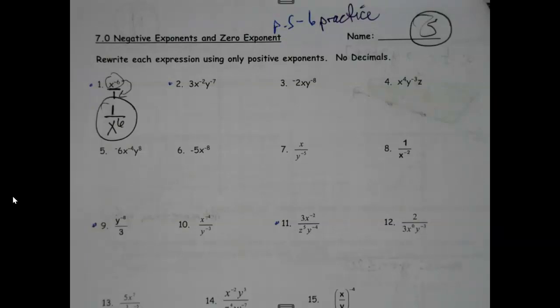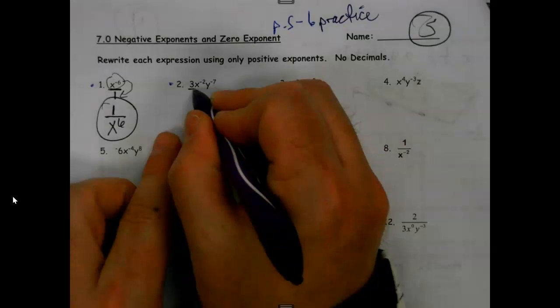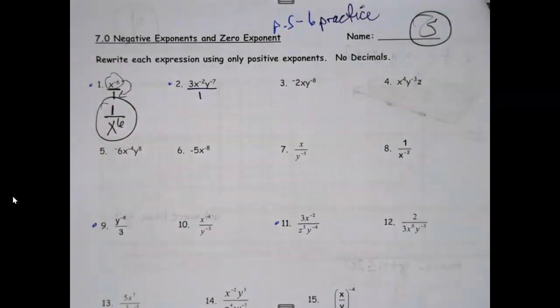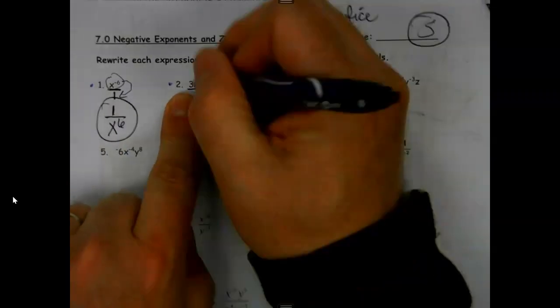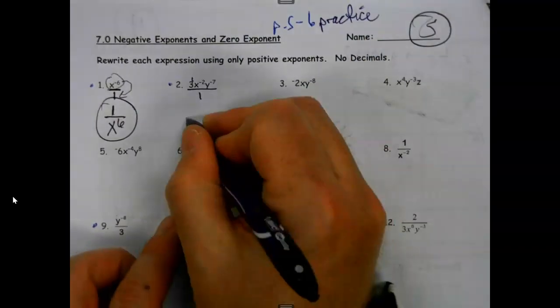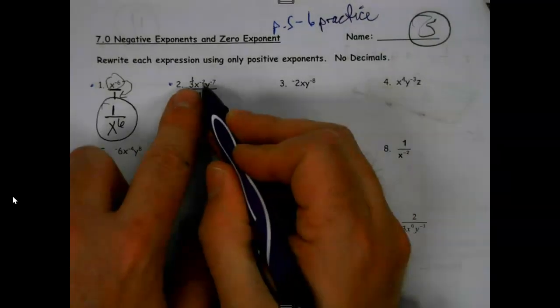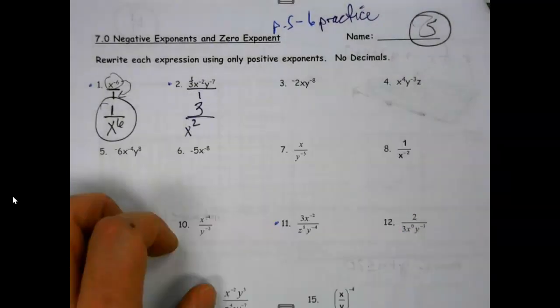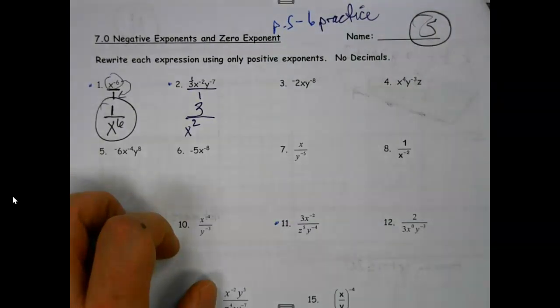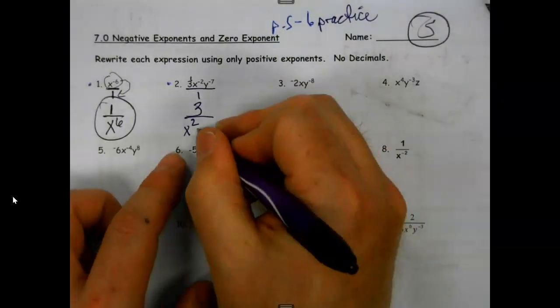But do not flip stuff that is not negative. Like here, that 3, that's not negative, it's positive. It is minding its own business. Leave that thing in the numerator, it's being good. X to the negative 2 being negative, flipperoo. y to the negative 7, not being good.